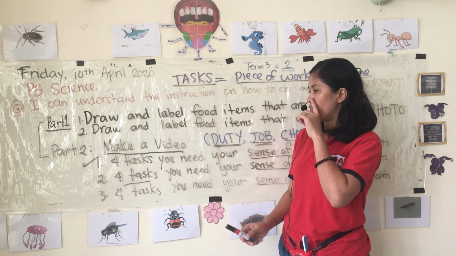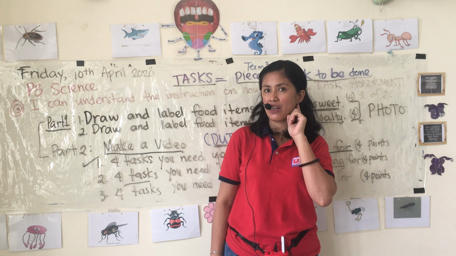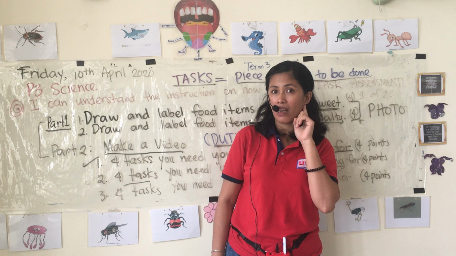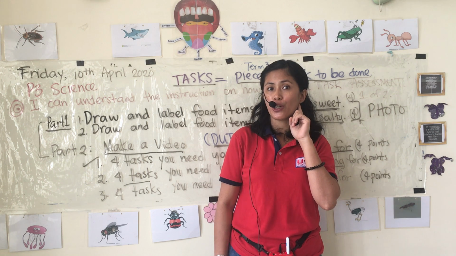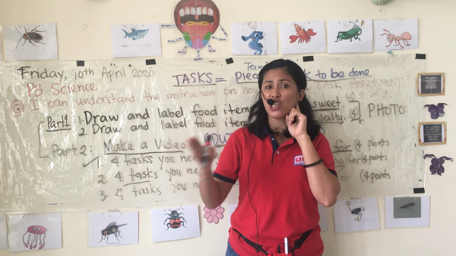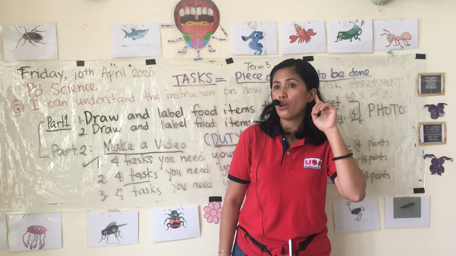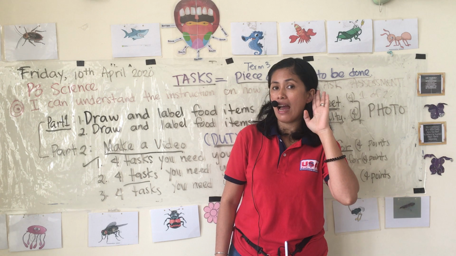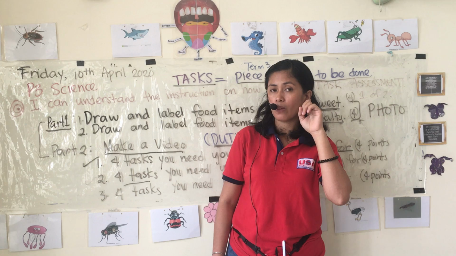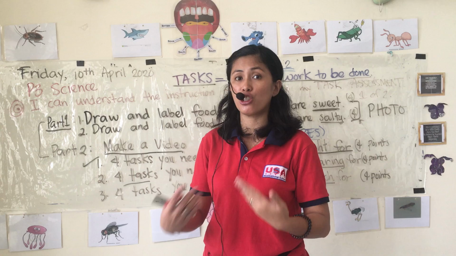You will say, I will use my sense of hearing when my mom asked me to turn off the TV. She instructed me to turn off the TV. I need to follow what she has told me. So that's a task. Following what? Commands, what your mom asks you to do.